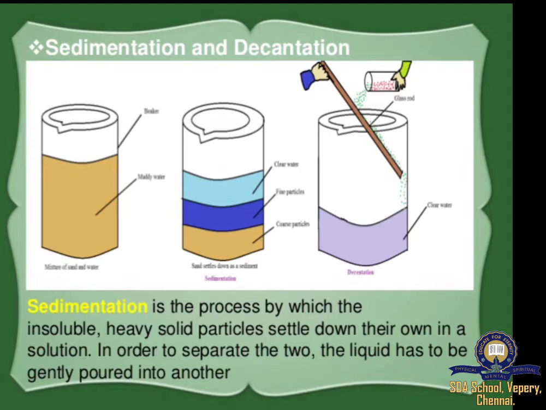For example, sand and water. In a beaker, if you take sand and water, sand is insoluble. So after mixing, the heavy solid particles of sand will settle down at the bottom, and water will float on top.